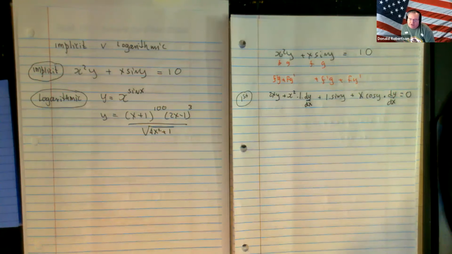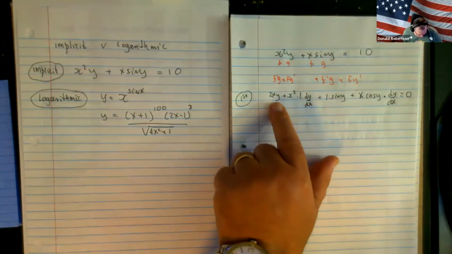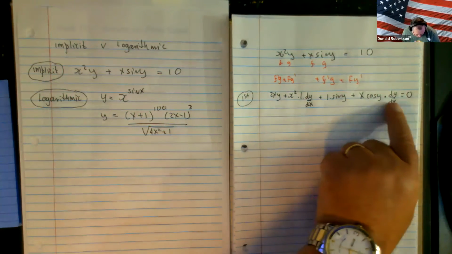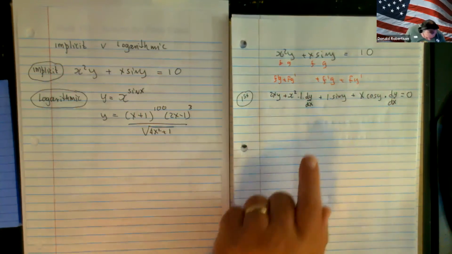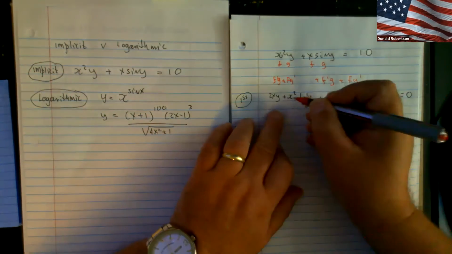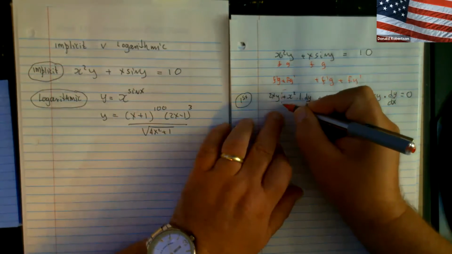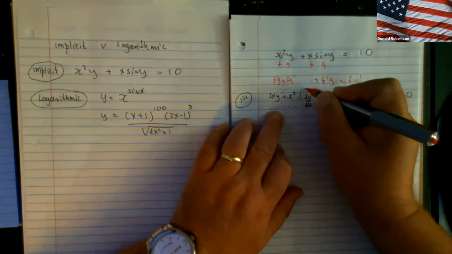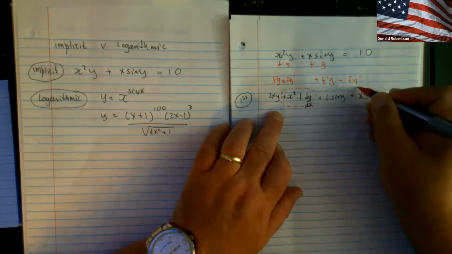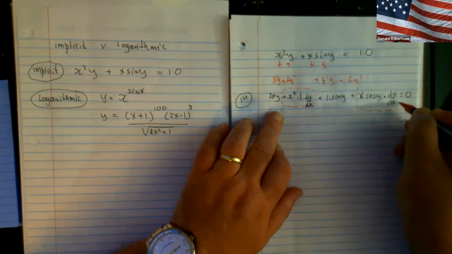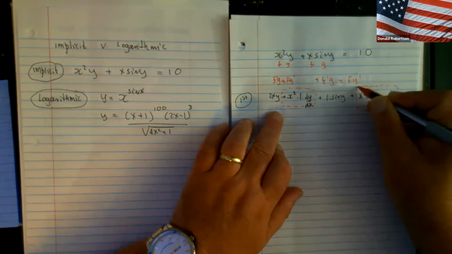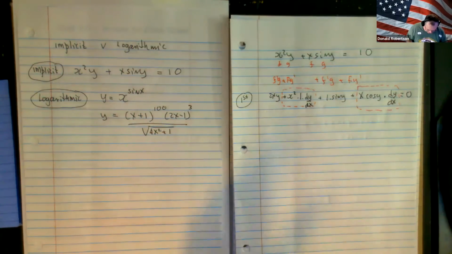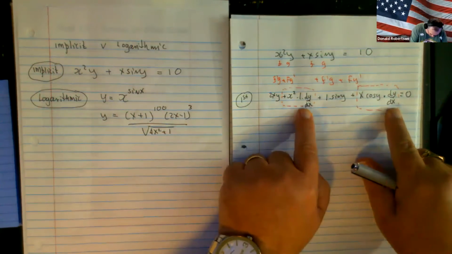And then the next step is pretty much standard. Some of these terms have dy by dx's in them. In particular, that guy has one. And so does this guy. So what you're doing eventually is you're going to solve for dy by dx.